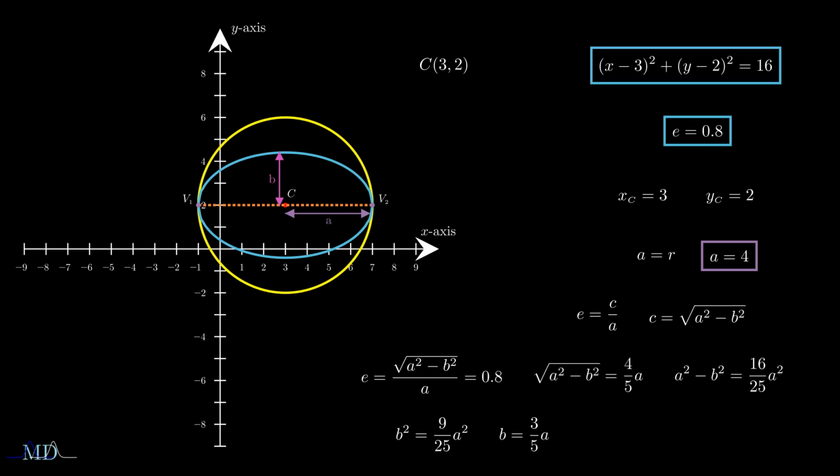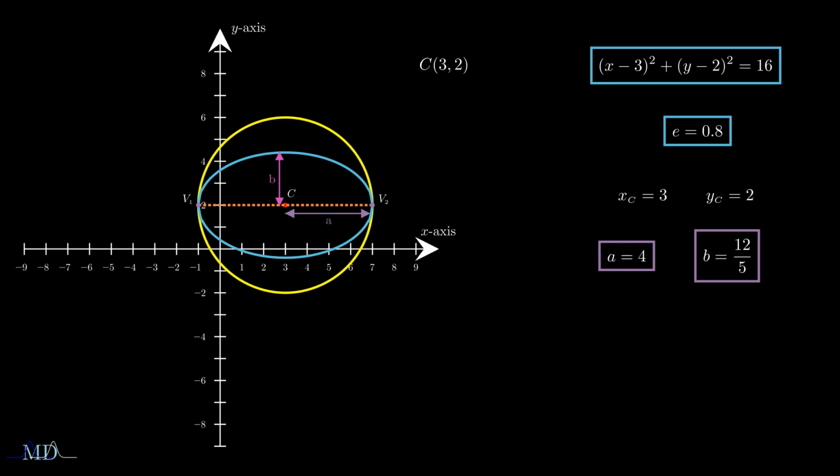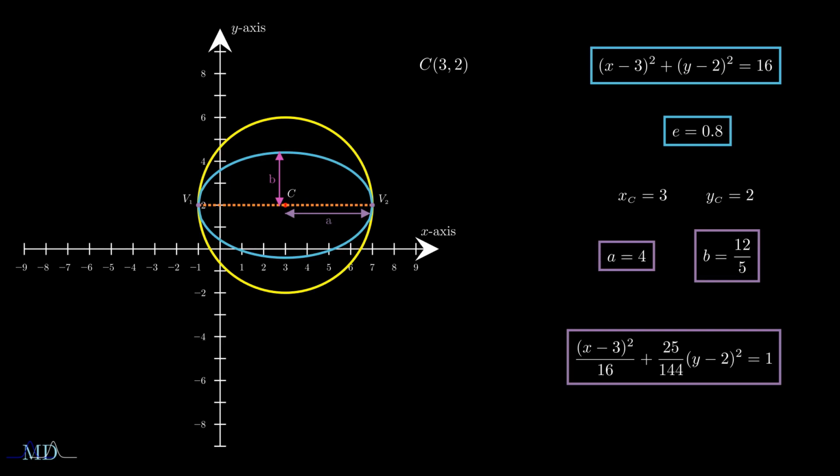Being a equals 4, b equals 12/5. Once we have found the value of b, we have all the elements necessary to write the equation of the ellipse. It is x minus 3 squared over 16 plus 25 over 144 times y minus 2 squared equals 1.